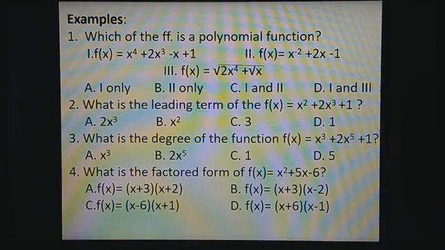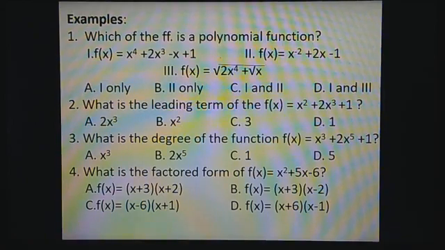Pero kung hindi siya nakasulat ng standard form, hanapin mo yung highest exponent. Nasaan yung highest exponent? Nandun sa 2x raised to 5. Ibig sabihin, ang highest exponent natin is 5. Ang sagot natin is letter D. So, the degree of the function is 5, letter D.